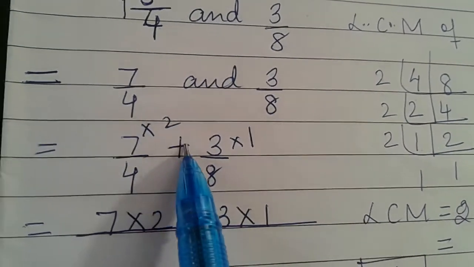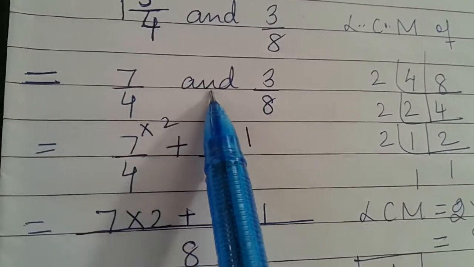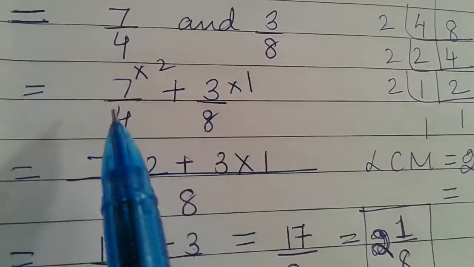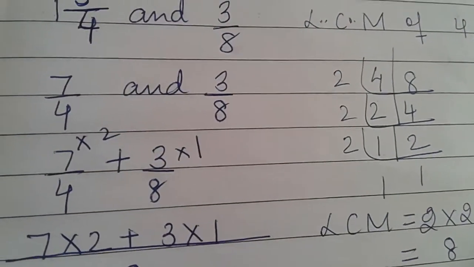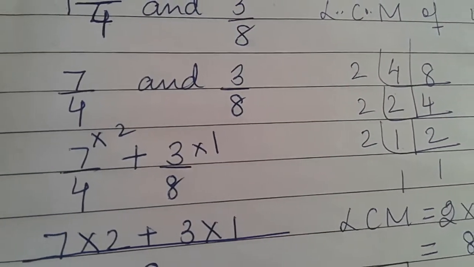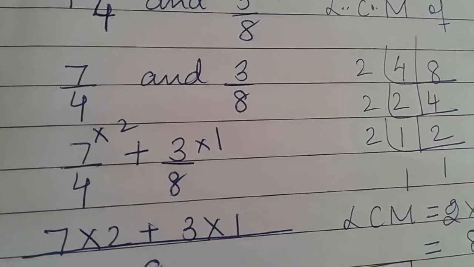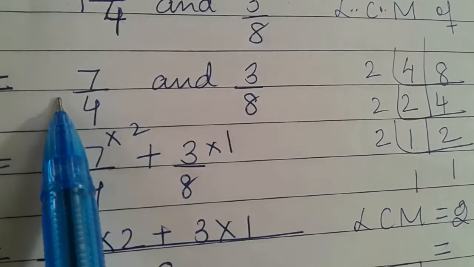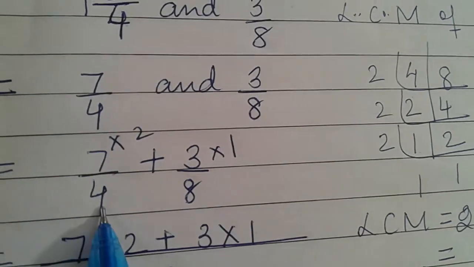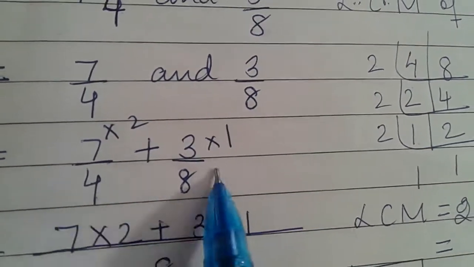Then 7 by 4 plus 3 by 8. So I have done it. Now I am telling you the proper method to add. First, if any mixed fraction is there, convert it into improper. Second, see the denominators.